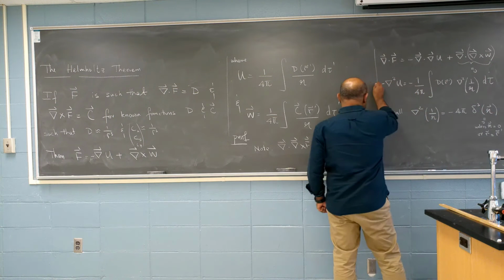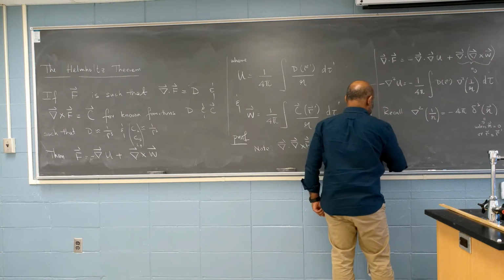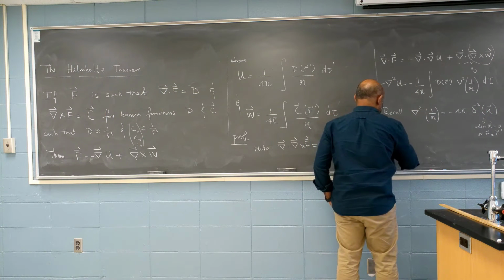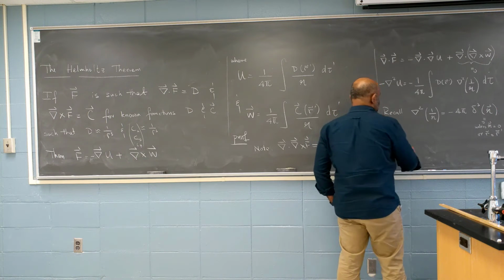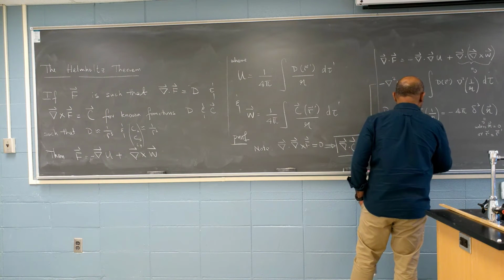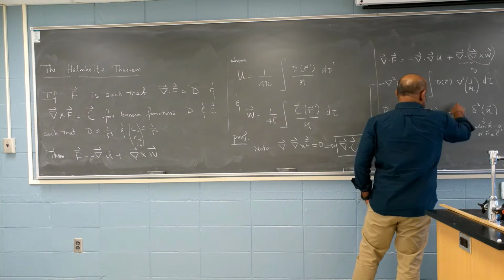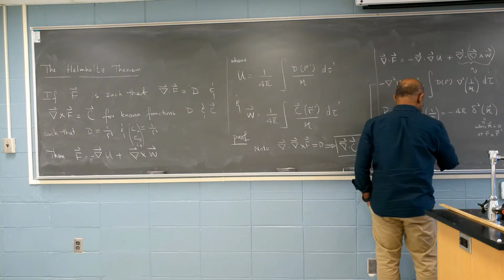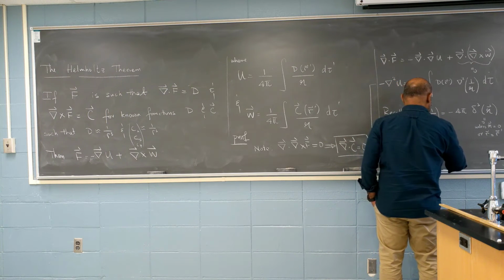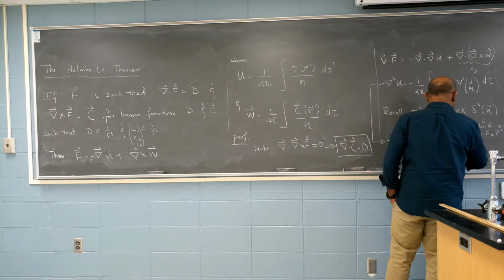So therefore, negative del squared u is equal to minus 1 over 4 pi, and then I have a negative 4 pi integral d of r prime.